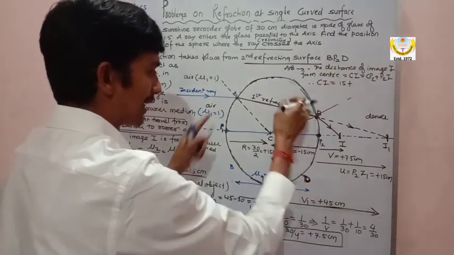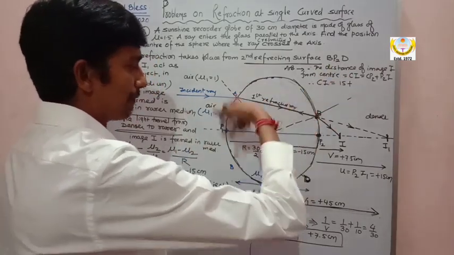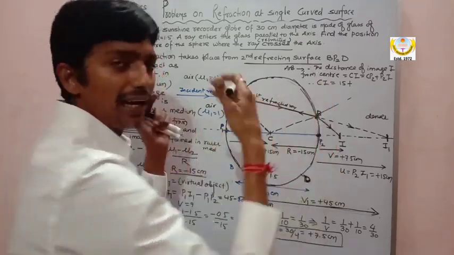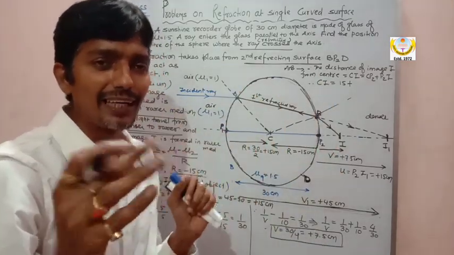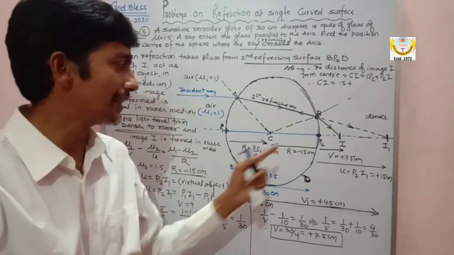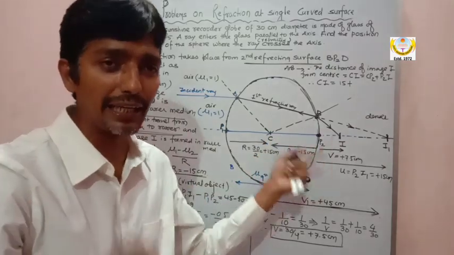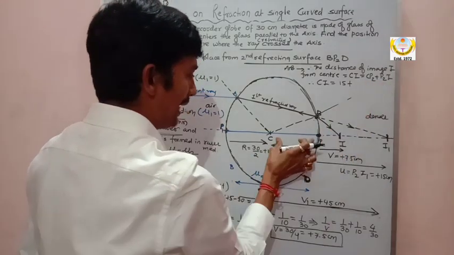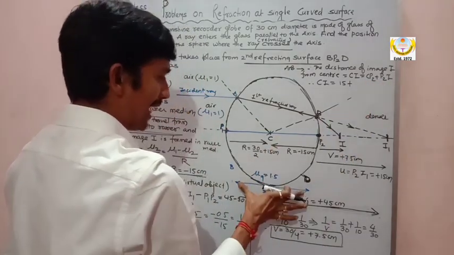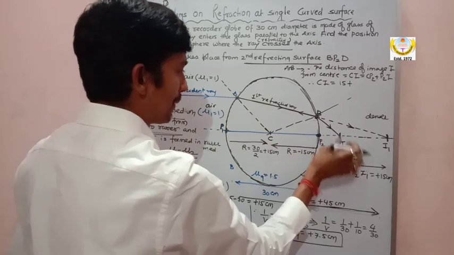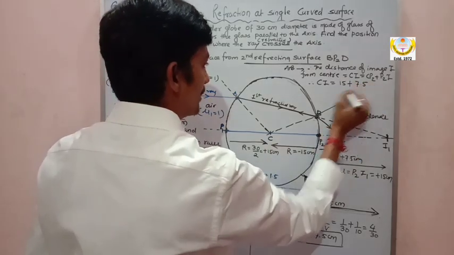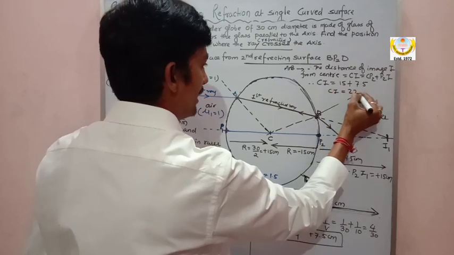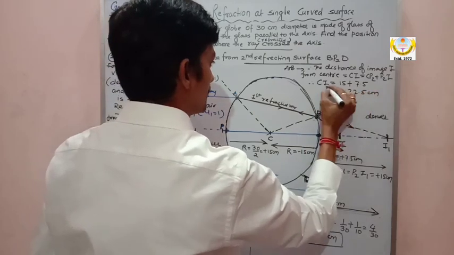But now, when I measure the distance of the image from the center, all distances are just distances. There is no plus and minus, no question of Cartesian application. So CP2 plus P2I is 15 plus 7.5. So CI, the distance of the image from the center, is 22.5 centimeter.